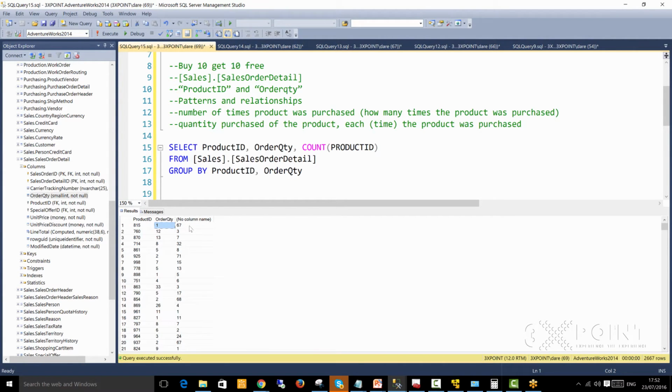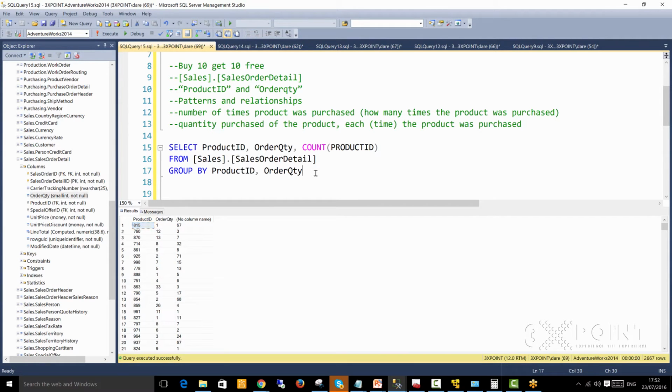And it says 67 times. That's what's happening here. That's the reason why it was failing when we didn't have this group by clause. But now that we have a group by, it understands that it's going to perform this count based on these two groupings, right?